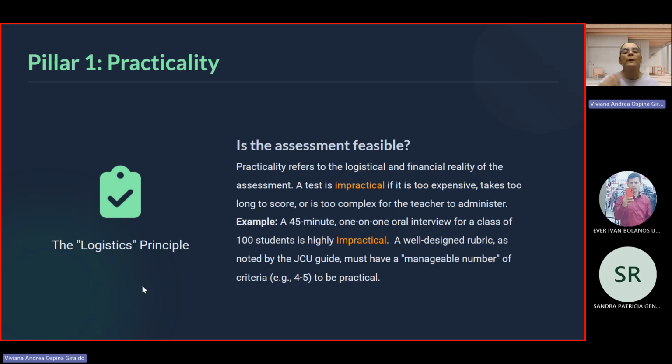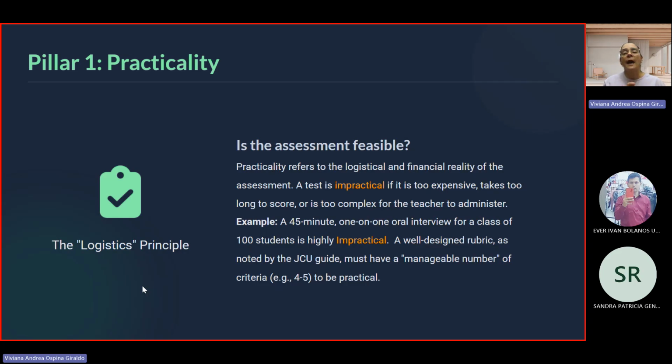For example, if we were to have an interview, we want to interview and see how their oral skills are, and we're going to have a 45-minute interview. We're going to take forever. So the more students that we have, the longer it will be. Therefore, this is not very practical. So we need to design these rubrics correctly. These rubrics have to be the guide, and they must be manageable.